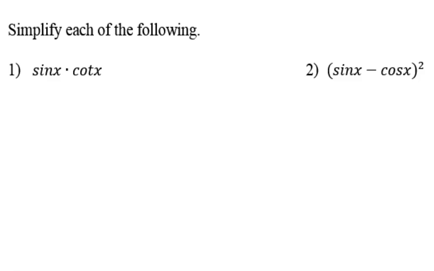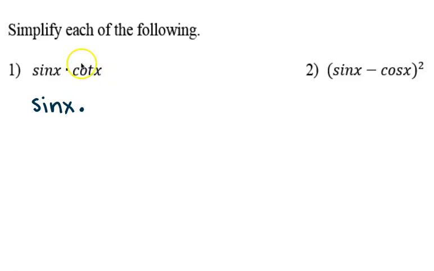Whenever I simplify expressions, I oftentimes will convert everything to sine and cosine to see if we have any terms that cancel out or divide out. And then once I simplify as much as possible, I'll go ahead and rewrite it using simplest terms. So, for example, the first one, I like to get everything in terms of sine and cosine first.